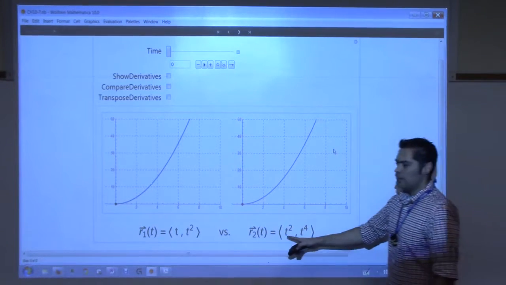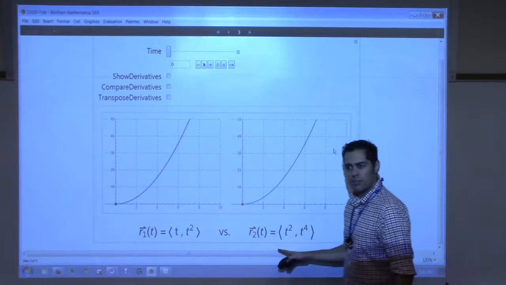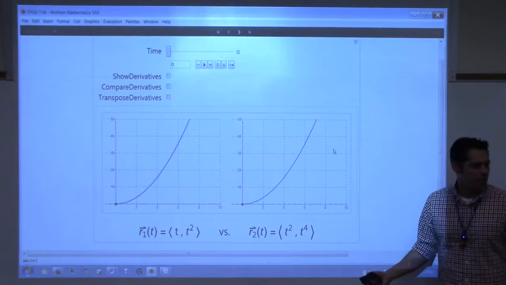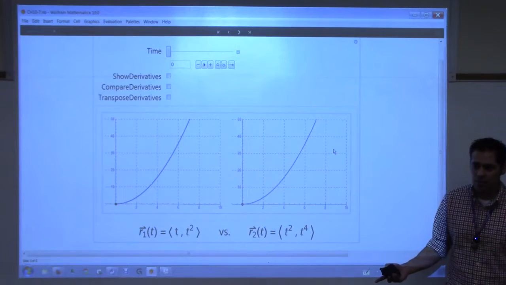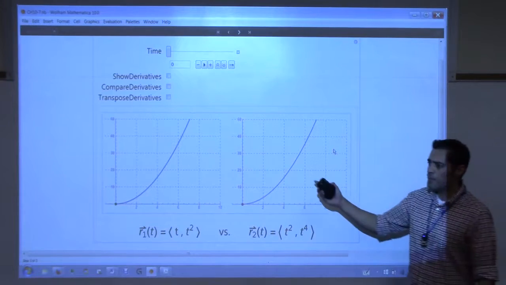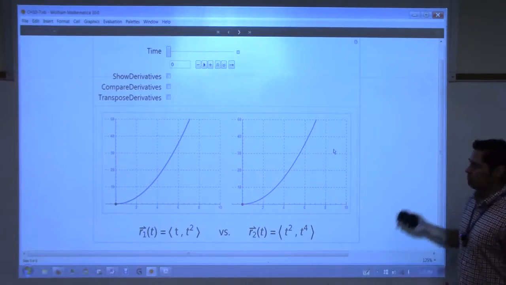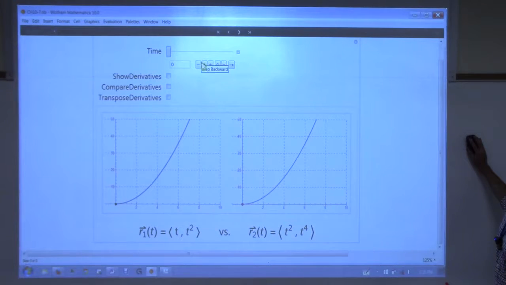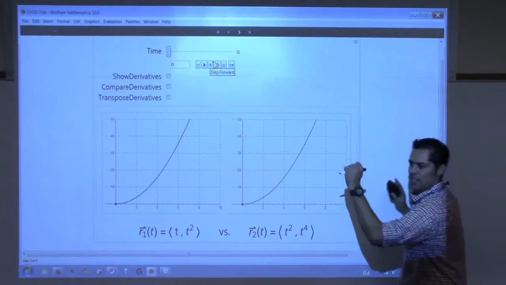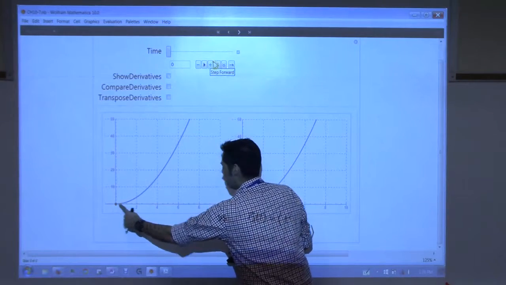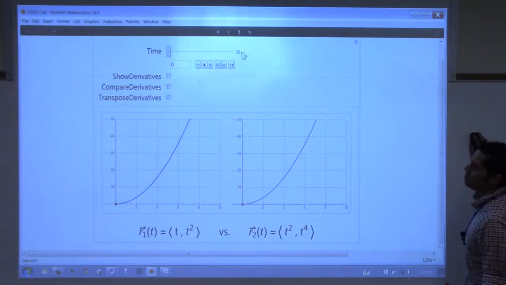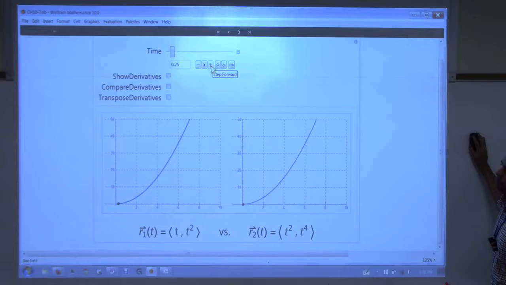But does that mean that these are the exact same vector functions? So what makes them different, right? Does that seem like a natural question? If they draw the same curve, then how are they different? Let me take you to a point in time. At t is 0, here's where we are. Look at t is going to be 1 now.